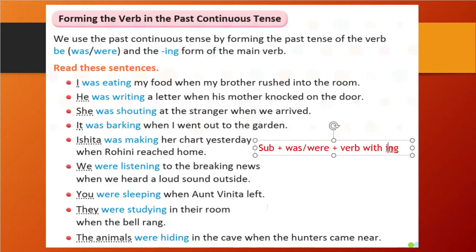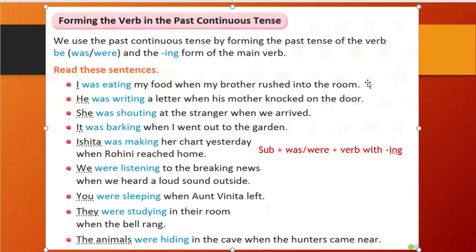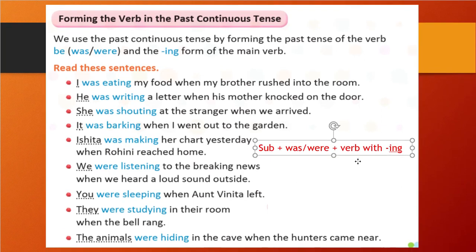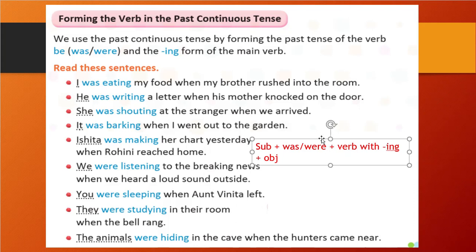Okay, verbs with ing, that we will write down. Then we will write the object. If your object is there, then you can add the object. That is not at all an issue. But the main thing to understand is the subject.